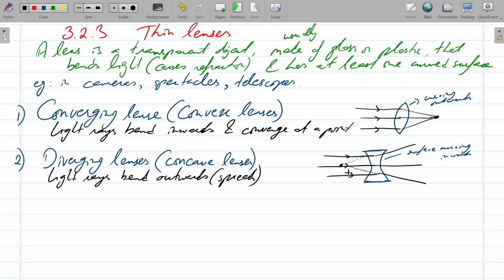This is what happens with concave or diverging lenses, and this leads to the formation of a virtual image. So you get virtual images with mirrors, and you get virtual images with diverging lenses. In the convex case, this is a real focus and you get a real image.